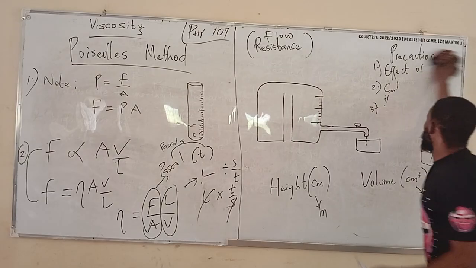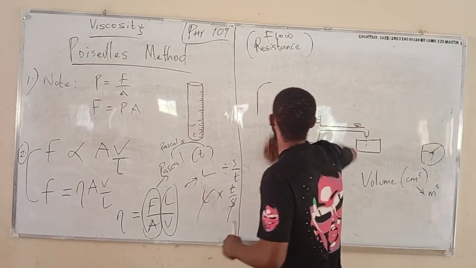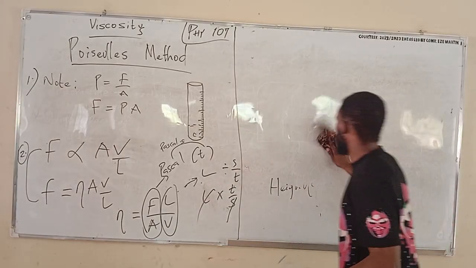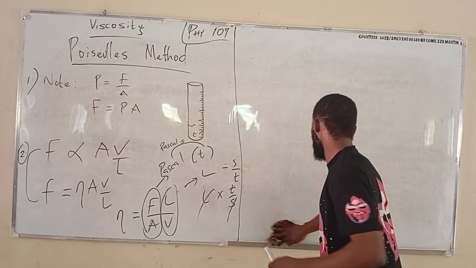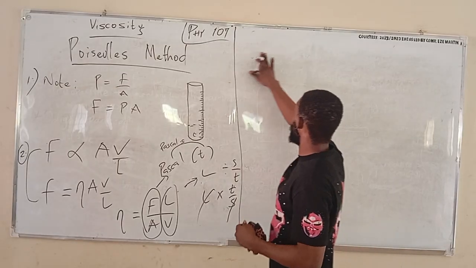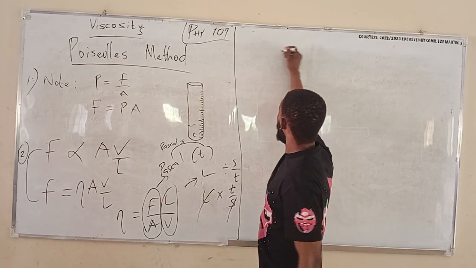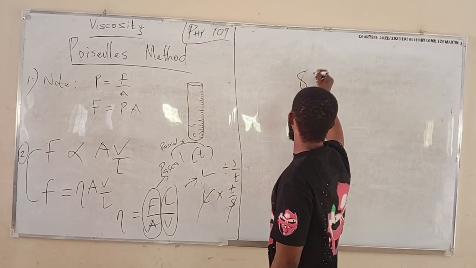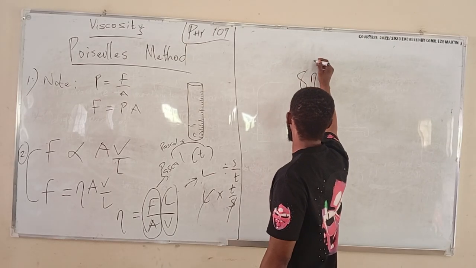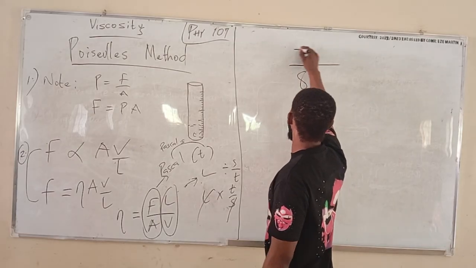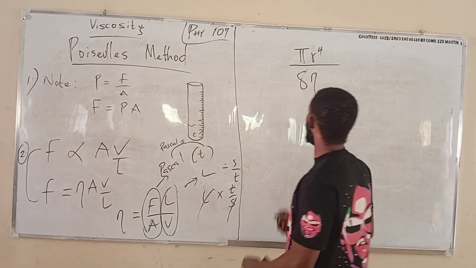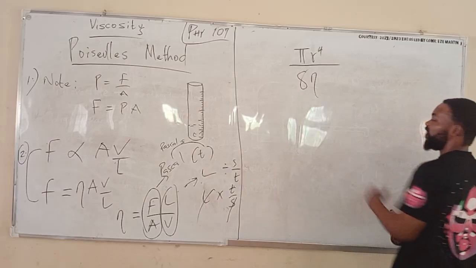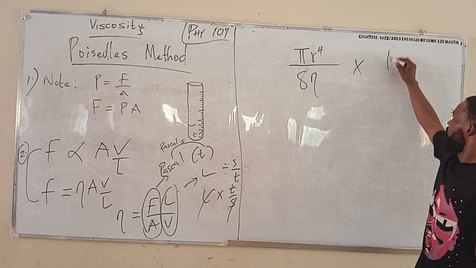At the end of the day, he gave us a unique formula, which is simply: when I have 8 and viscosity coefficient, all over pi r to the 4th power. So we have pi r to the 4th power all over 8n times pressure gradient.